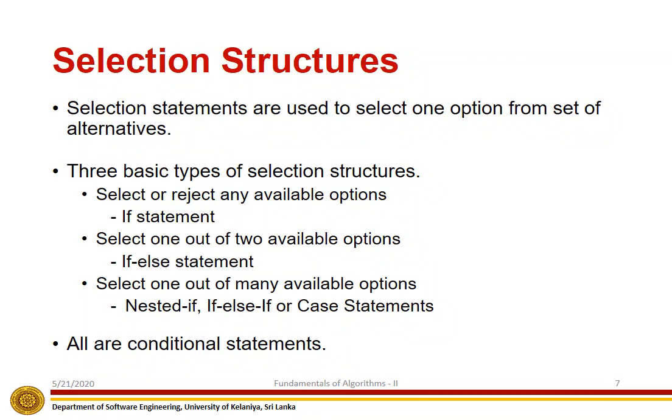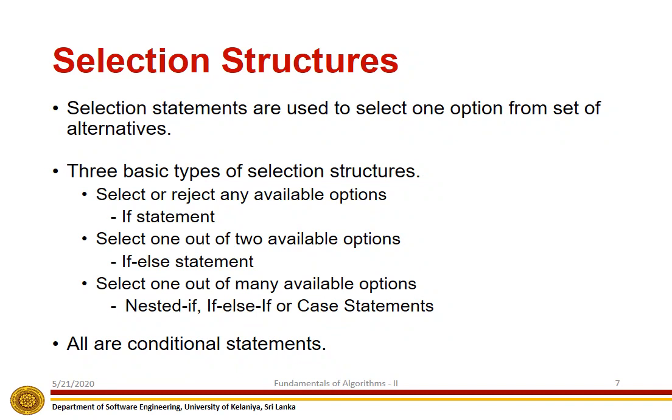The first one is select or reject of any available options, or otherwise we can call it if statements. And the second one is select one out of two available options, or otherwise we can call it if else statements. Then the last one is select one out of many available options.